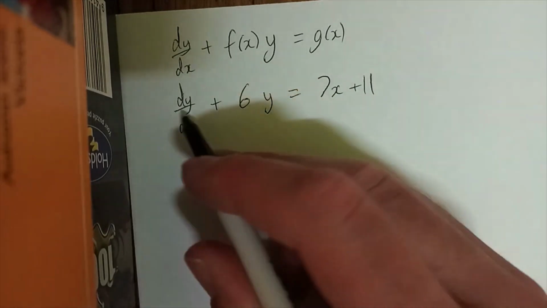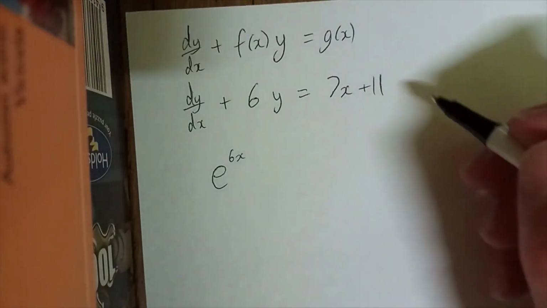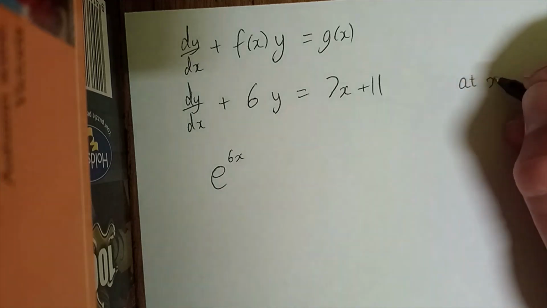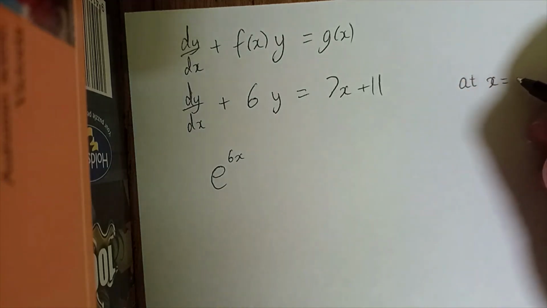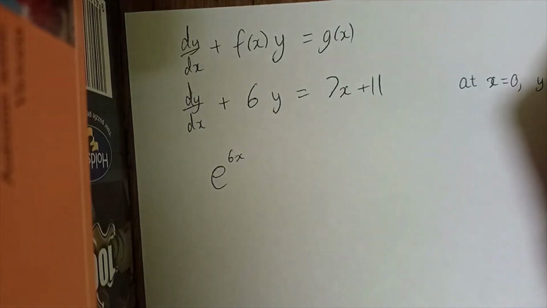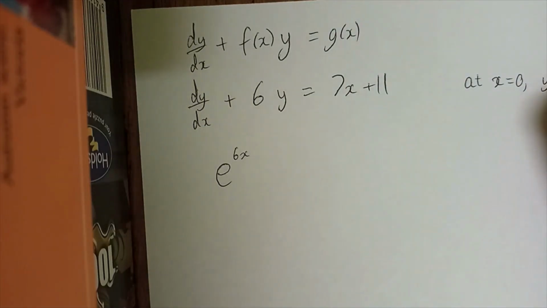So multiplying both sides of this equation, I'll have the initial condition at x equals 0, y equals 5.